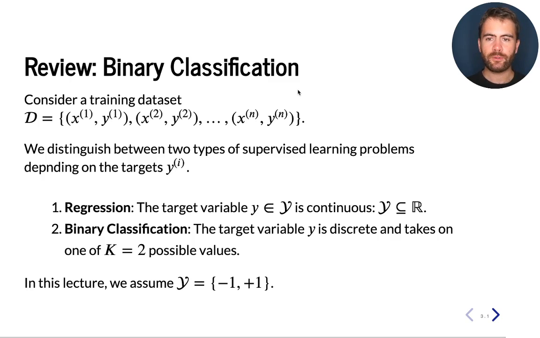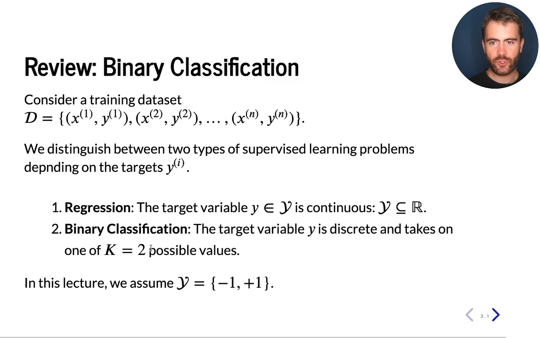Recall that binary classification is a setting in which we have a supervised learning dataset consisting of inputs x and targets y, and our targets y take one of two possible values. So this makes it a binary classification problem.